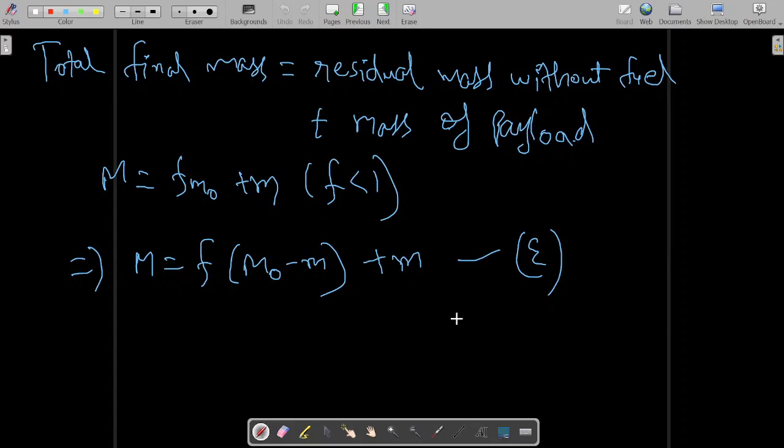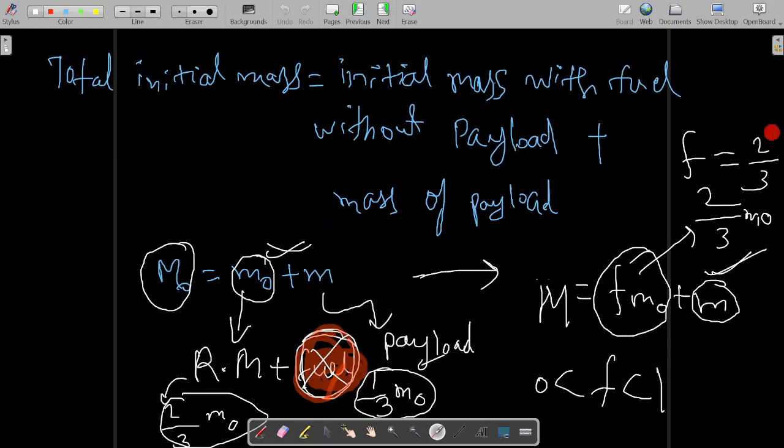So total final mass is equal to residual mass without fuel. We are considering a situation when the entire fuel is burnt, the fuel is exhausted. In that case, total final mass is equal to f m naught plus m, where f is clearly smaller than 1, because this 2/3 was also smaller than 1.